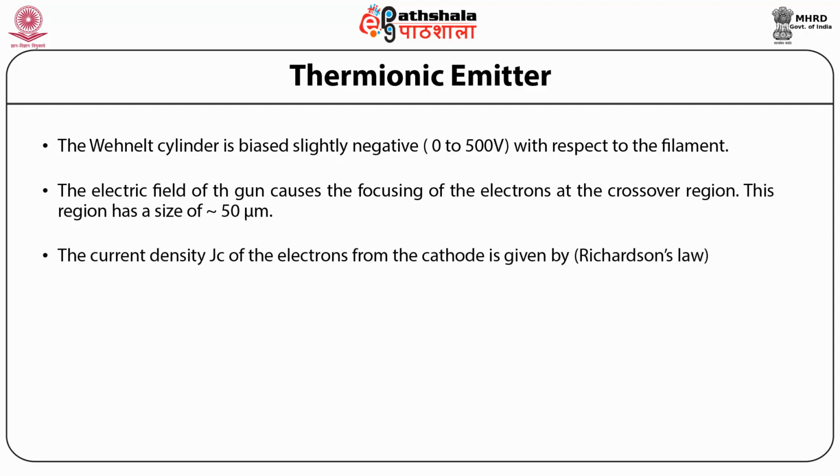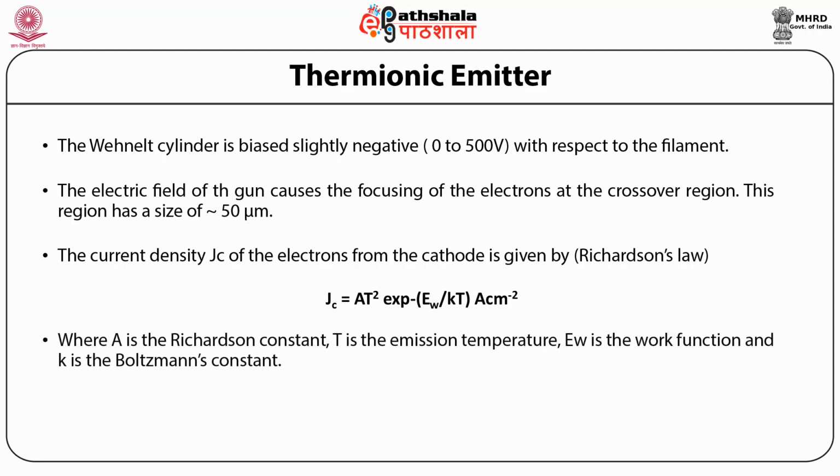The current density Jc of the electrons from the cathode is given by Richardson's law, that is Jc is equal to A T squared into exponential of minus EW by kT amperes per centimeter square, where A is the Richardson constant, T is the emission temperature, EW is the work function, and k is the Boltzmann constant.